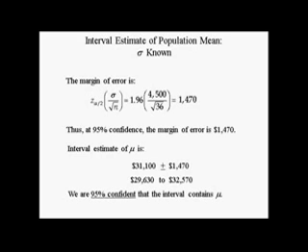We are 95% confident that this interval estimate contains the population mean mu because if we randomly sample the population, say, 1,000 times to construct 1,000 interval estimates, 950 of them, or 95% of them, will contain the population mean, mu.